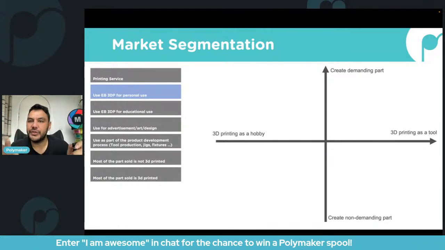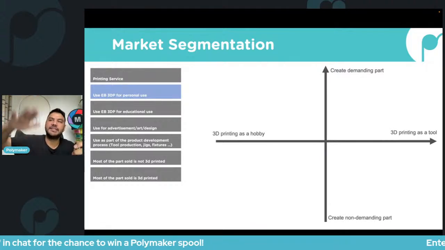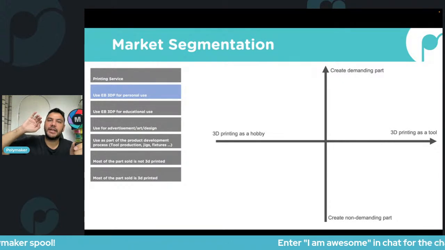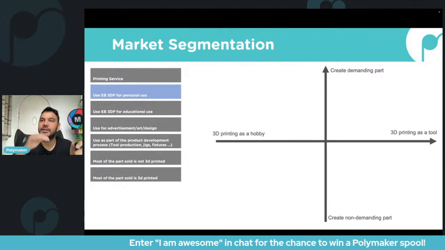So you are somewhere in that spectrum, right? How much you care about aesthetic and not functional, then you're down, and so on.